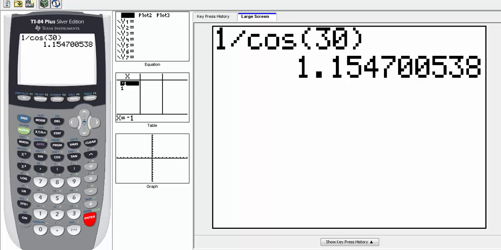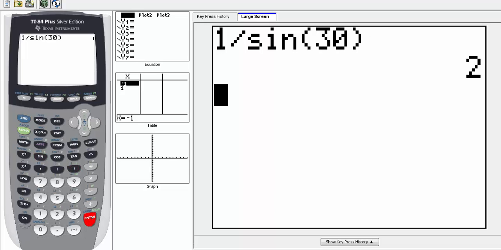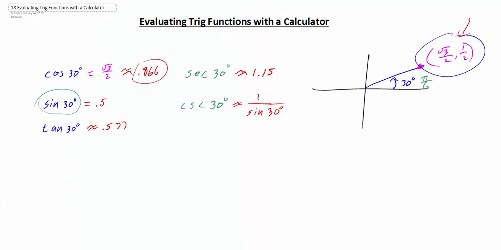So if we go to the calculator, 1 divided by the sine of our 30-degree angle, and notice we get an answer of 2. Okay, so this is equal to 2.